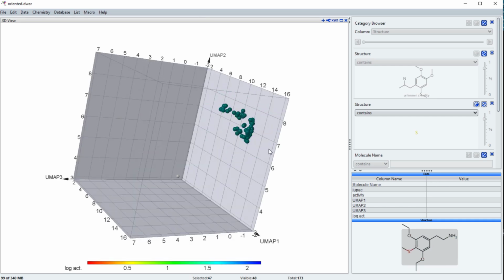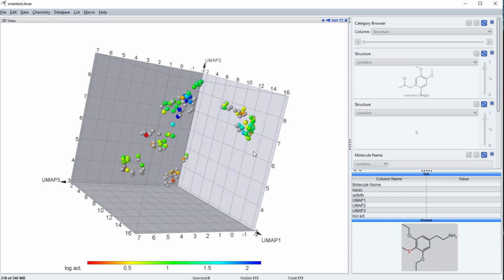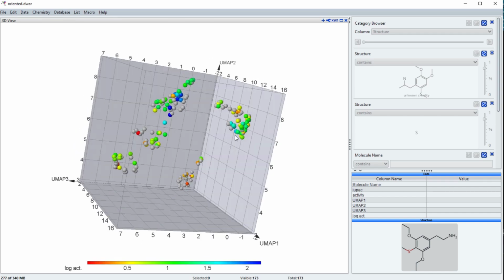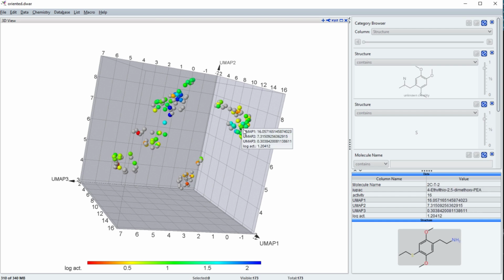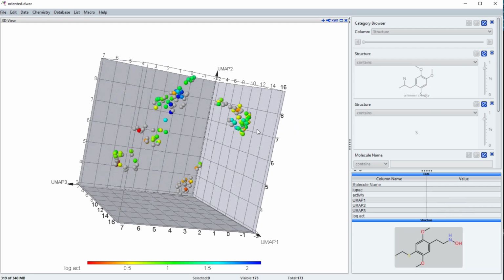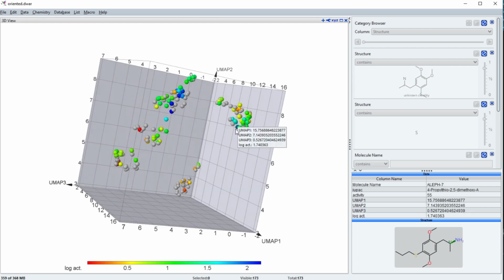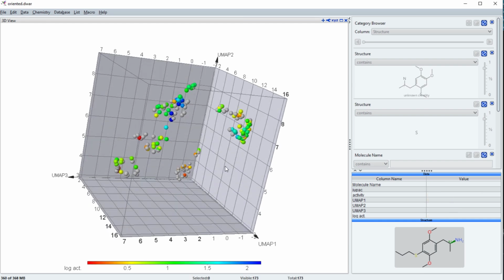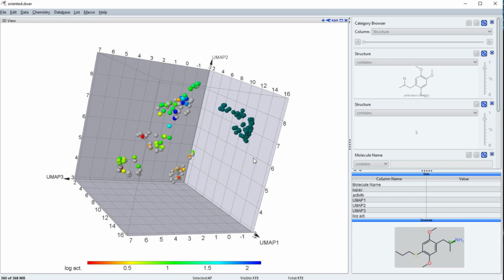They all show up here, so really logical clustering on the basis of the structure. And a lot of the active ones here will be in the 2CT series, so you can see 2CT21, 2CT2 with the ethyl-thio group was quite active.